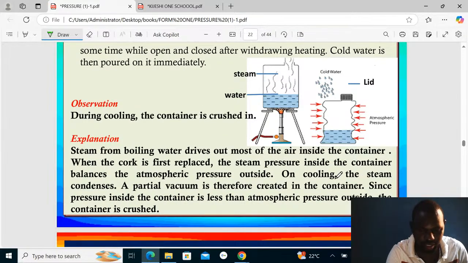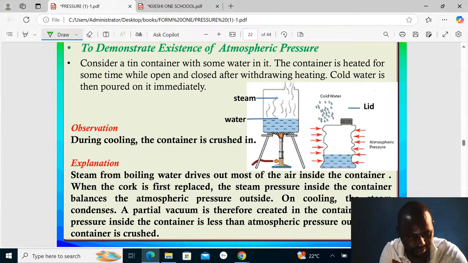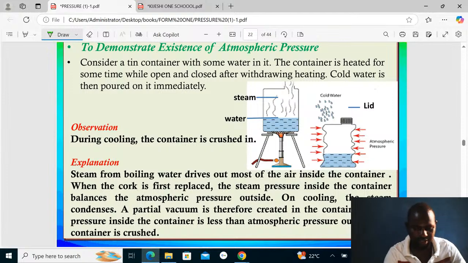So in case you want a better view of all this, you can pause at these junctions so that you can see for yourself. You just need to pause your video so that you can view it better.